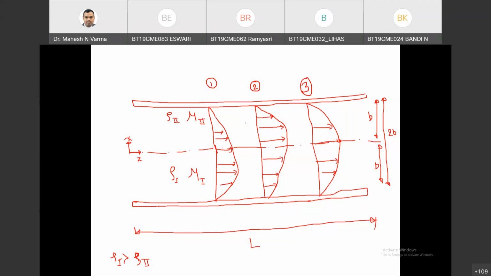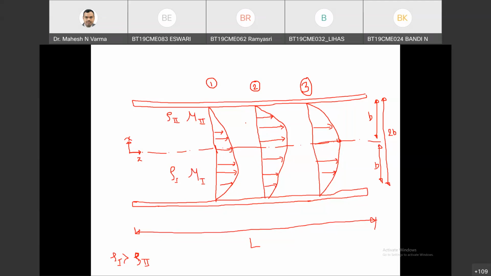Ishwari? Okay. So everybody please write. Which velocity profile is correct? First, second or third? You can write in the chat box.